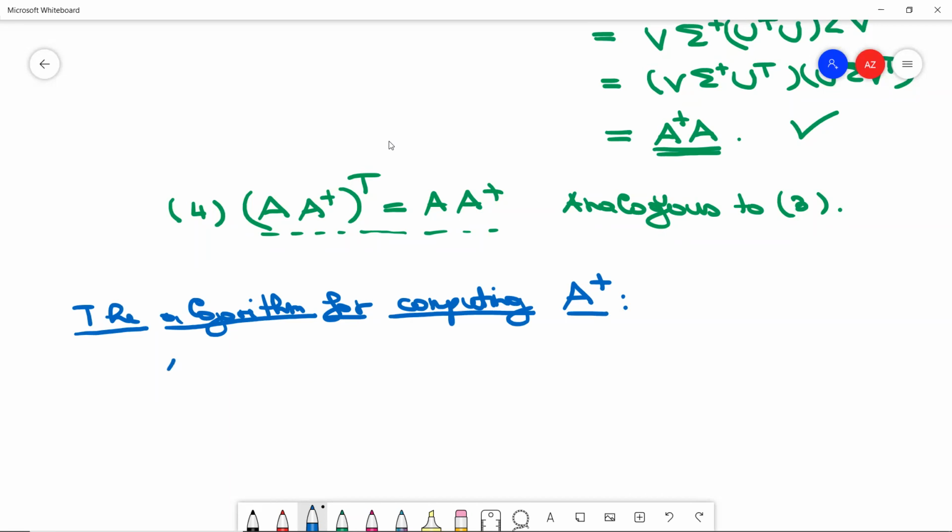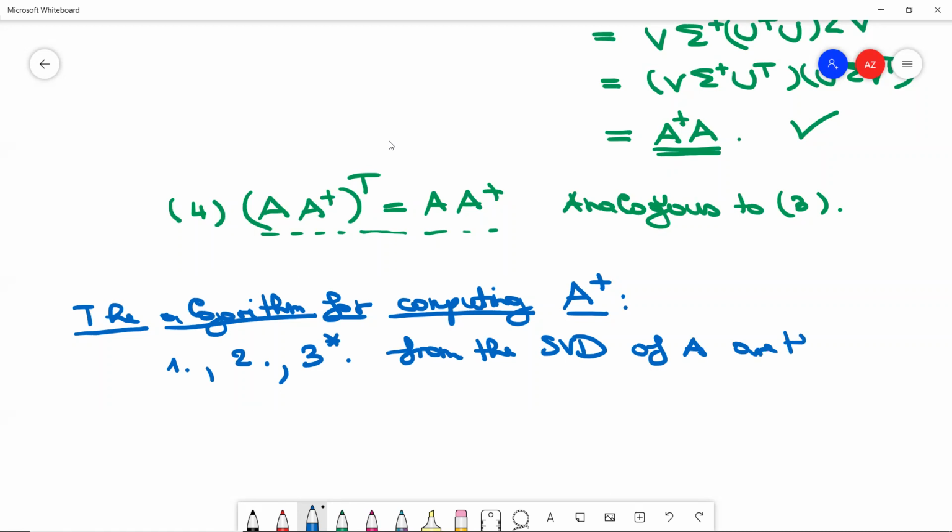Steps one, two, three from the SVD of A are the same, 1, 2, and 3 star. So 3 star was the calculation of the short SVD. So 1, 2, 3 star from the SVD of A are the same.